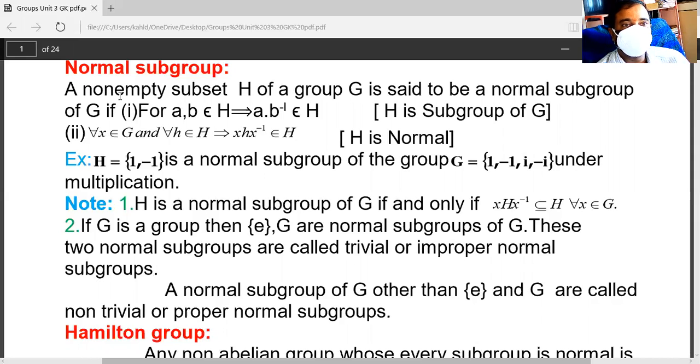A non-empty subset H of a group G is said to be a normal subgroup of G if it satisfies two conditions.